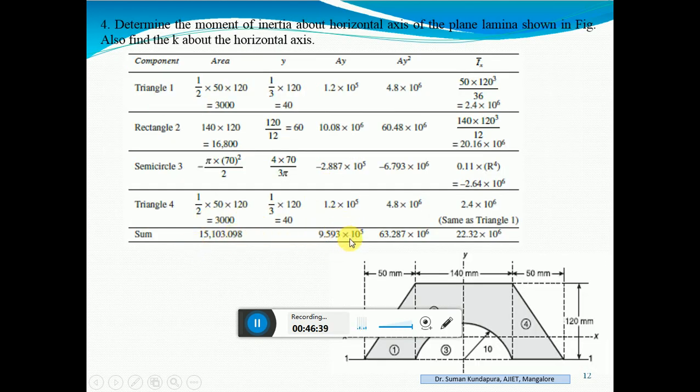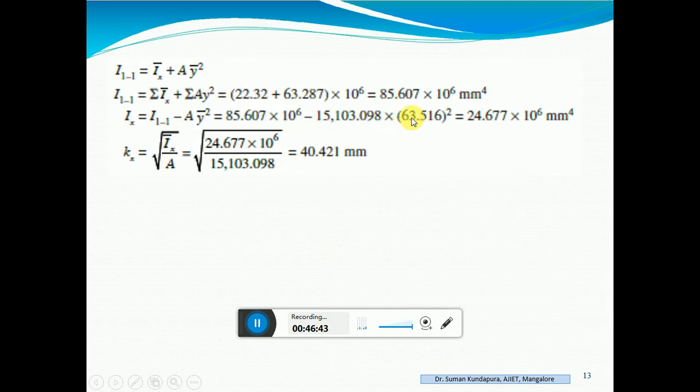Y bar square, please find out ay divided by this area. You will get it as 63.516 whole square. Get the Ix bar. Substitute that in the radius of gyration along x-axis, divided by area. You will get 40.421 as the radius of gyration with respect to the x-axis. Correct?